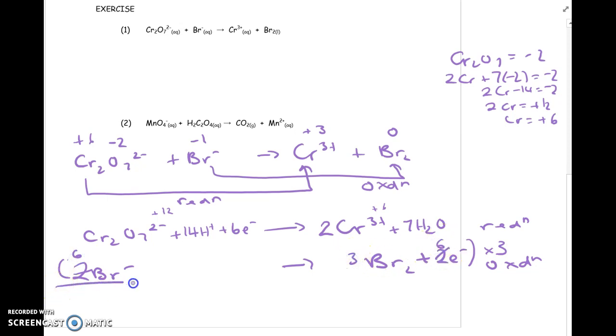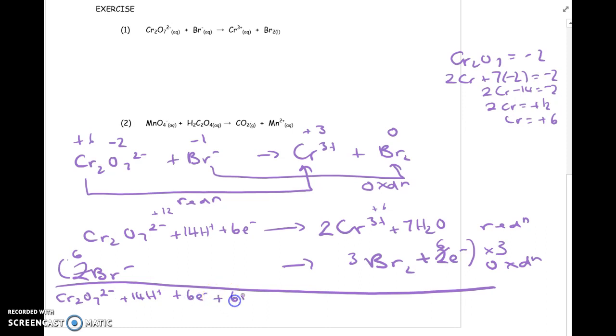So I'm now ready to add the things together. Add all the reactants, Cr2O7 2 negative, 14 hydrogen ions, add 6 electrons, add 6 bromide ions, goes to 2 chromium ions, plus 7 water, plus 3 bromine, plus 6 electrons.